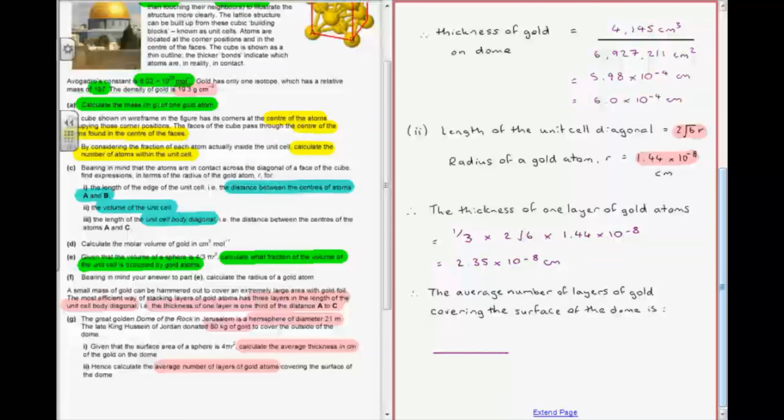So we now know the thickness of gold on the dome as 6.0 times 10 to the minus 4 centimeters, and that each individual layer of gold atoms has a thickness of 2.35 times 10 to the minus 8.